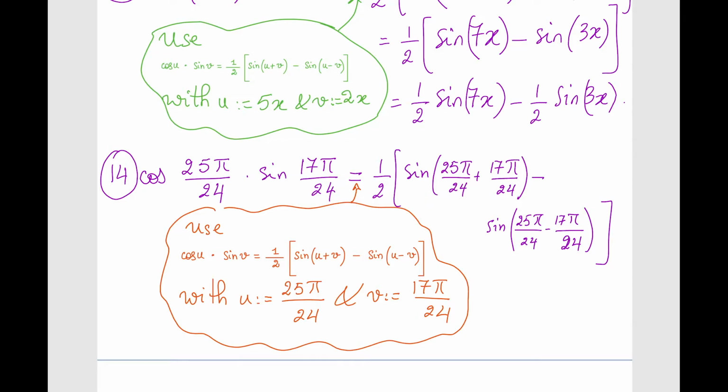All right, and what's 25 pi over 24 plus 17 pi over 24?